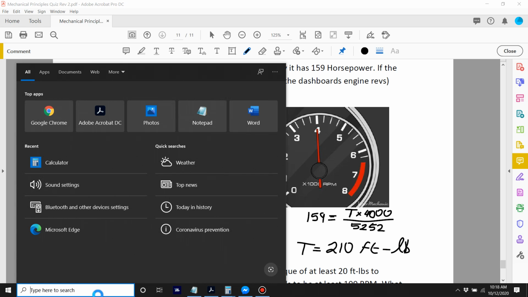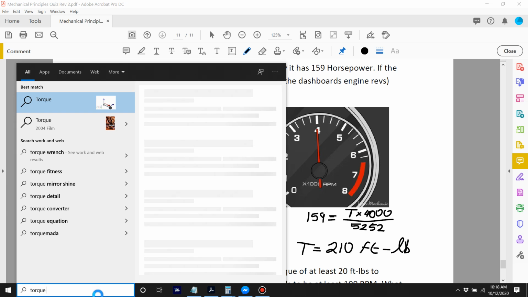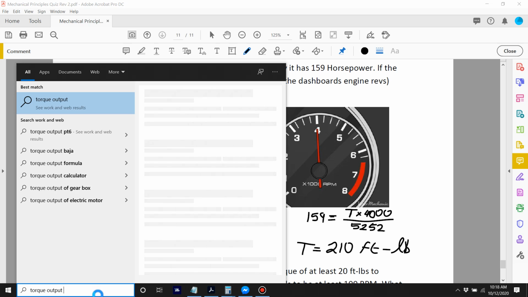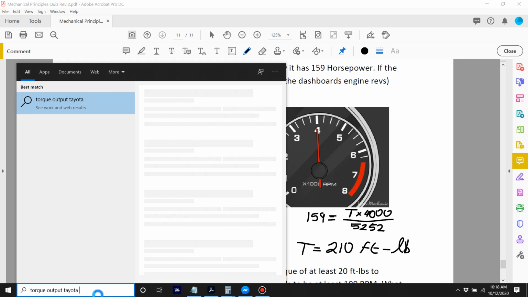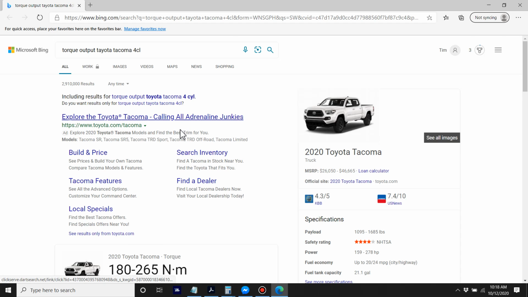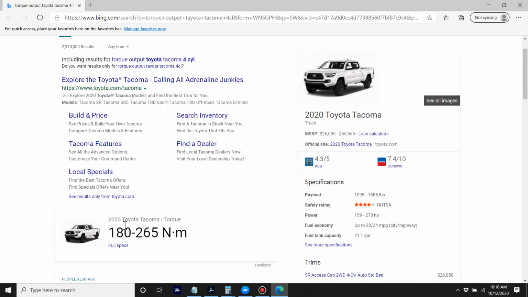Let's have a look at the torque output of the Toyota Tacoma. Toyota Tacoma engine, 4-cylinder. It's saying 180 to 265 newton meters. Let's see what that is in foot-pounds.